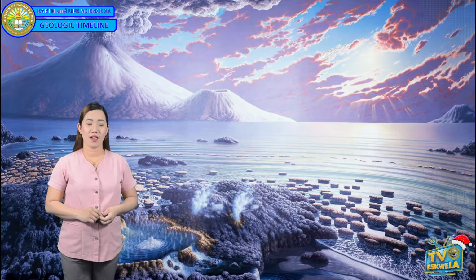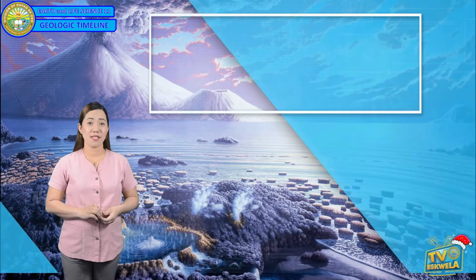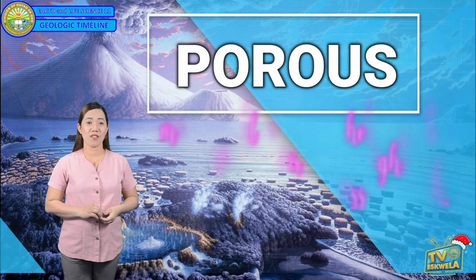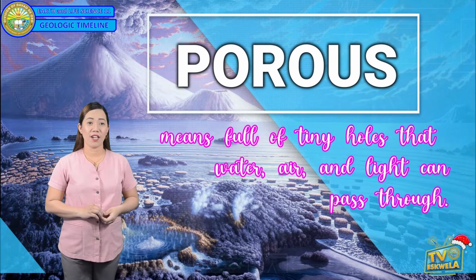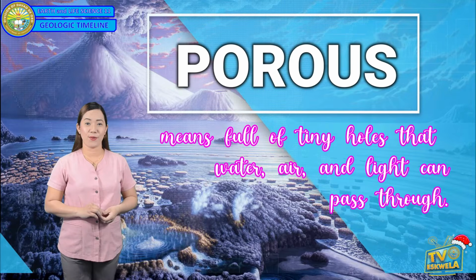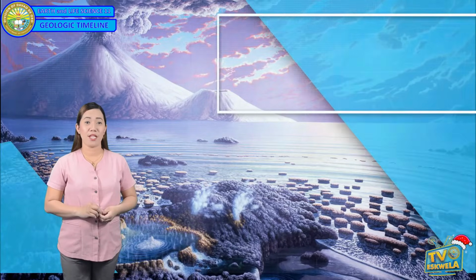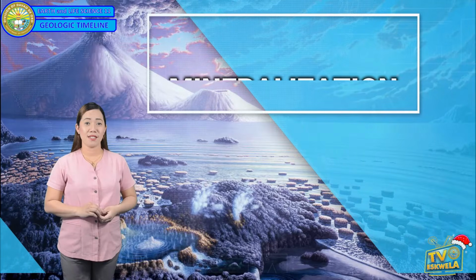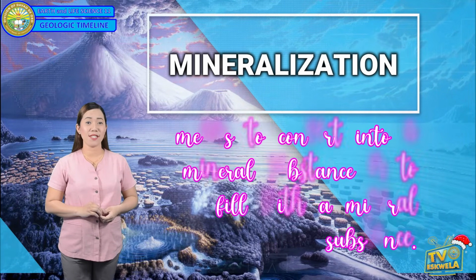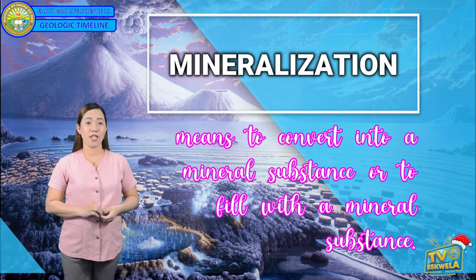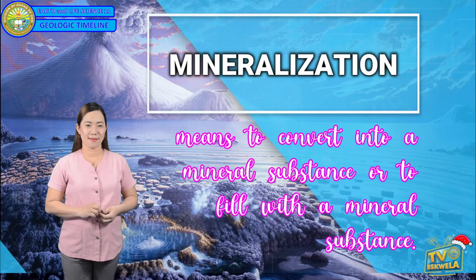Number 9. Porous means full of tiny holes that water, air, and light can pass through. And number 10, mineralization means to convert into a mineral substance or to fill with a mineral substance.